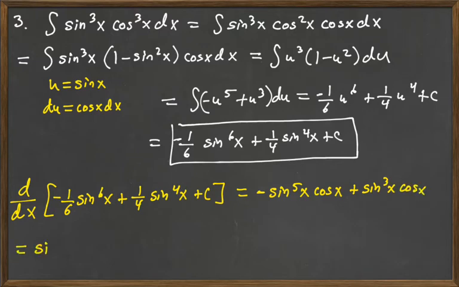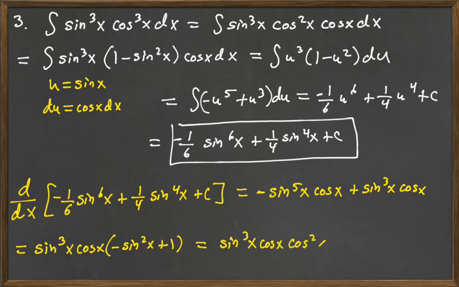We're going to factor out a sine cubed and a cosine x. And what we have left over is negative sine squared x plus 1, and that's going to be cosine squared. So we have sine cubed x, cosine x, and the negative sine squared plus 1 is cosine squared. And so there we are. We have sine cubed, cosine cubed, our original integrand there.